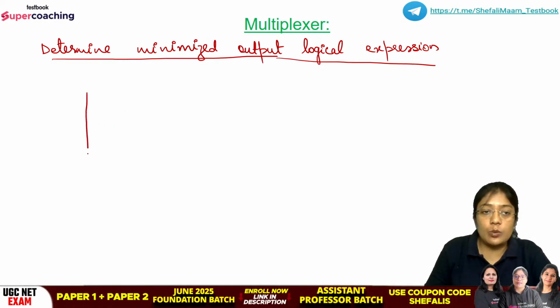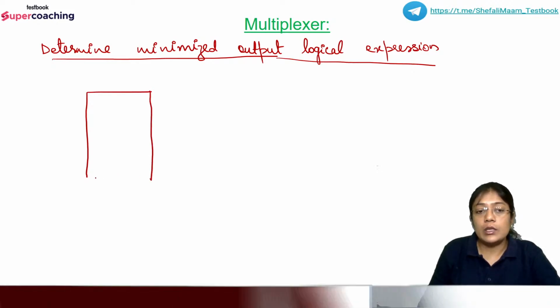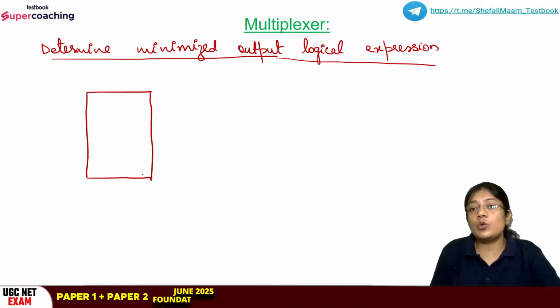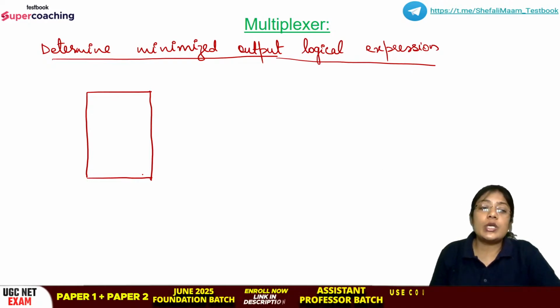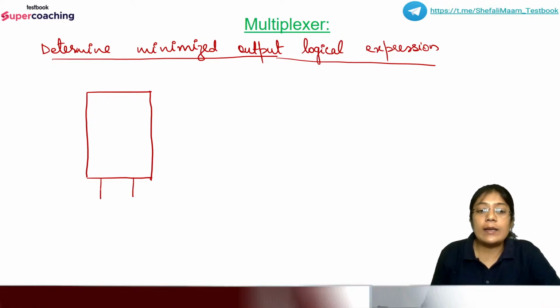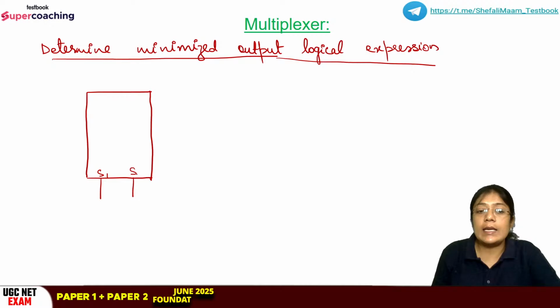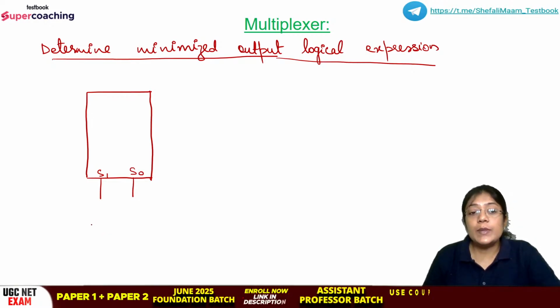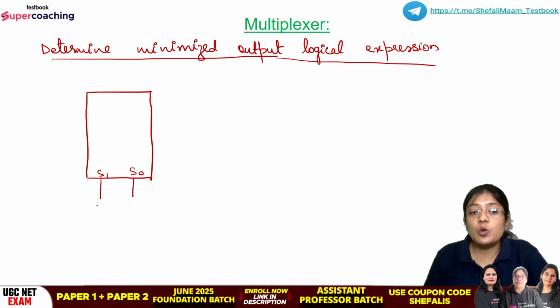So I'm taking here one multiplexer of size 4:1. ठीक है, आपको सेलेक्ट लाइंस गिवन होंगी. जिस तरीके से हमने लॉजिकल एक्सप्रेशन लिखा था उसी तरीके से लिखना है, बस हमें इसको सिंप्लीफाई करना है. This is select line 1, this is select line 0. This means that S1 is the most significant bit.